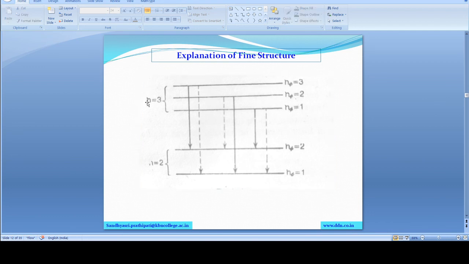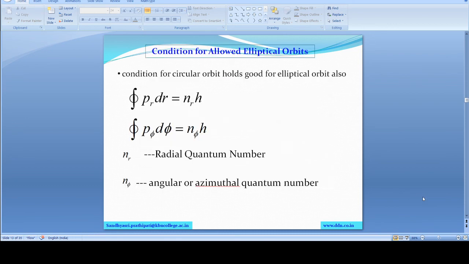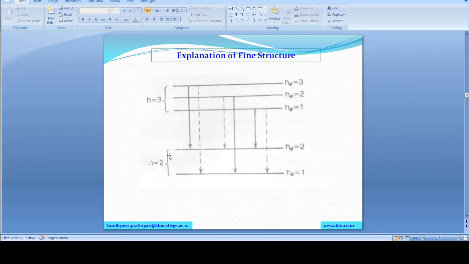Right? So the n equal to 3 level is split into 3 suborbits. That's why we are finding additional lines in fine structure. This is all about the Sommerfeld elliptical orbit.